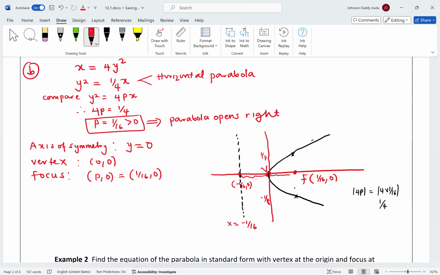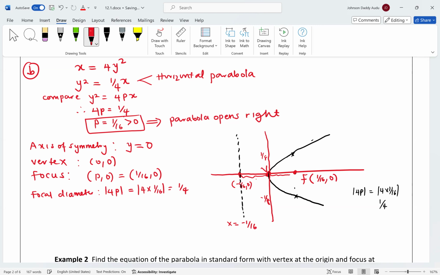And then we need the focal diameter. Let's go with the focal diameter first. The focal diameter is a distance of 4P in absolute value. That will give us 4 multiplied by P, what is P? 1/16. So this is just going to be 1/4.